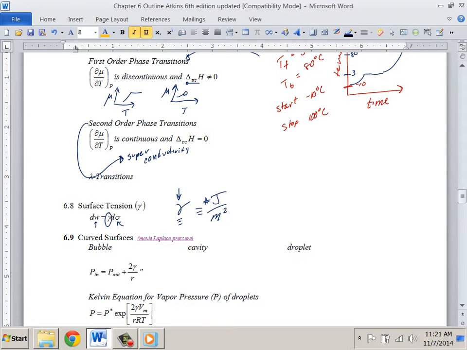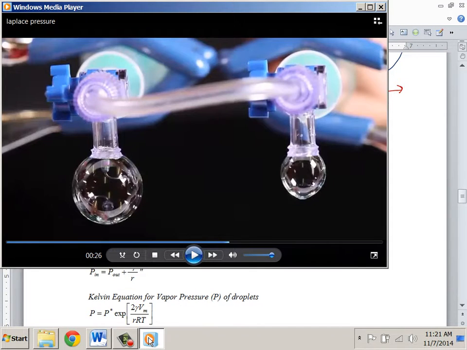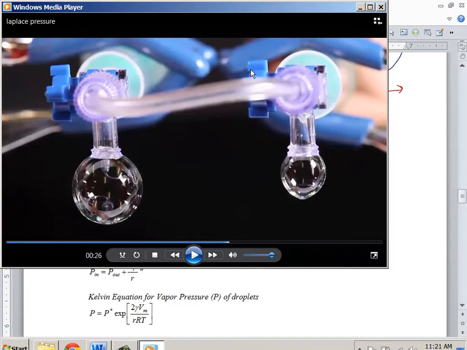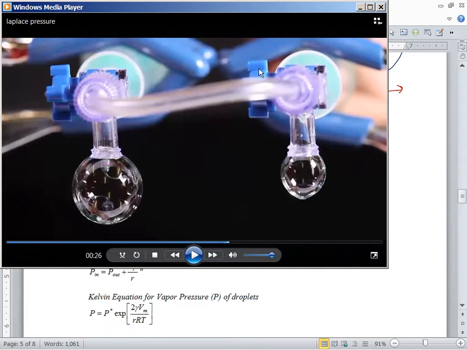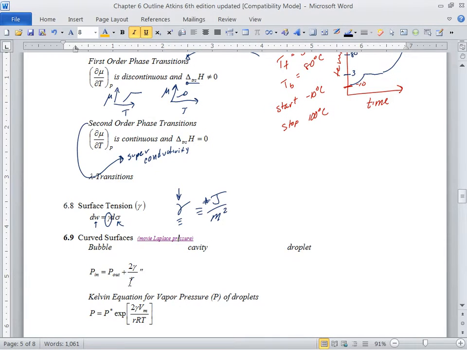Okay, so back to this picture. They're going to open this valve. So what should happen? Pressure should go from high to low, so it should even out the two bubbles. So which one's going to go? The pressure here is lower than the pressure over there. Because the bubble's a lot smaller. Radius, yeah.